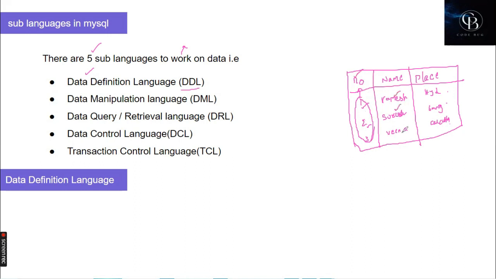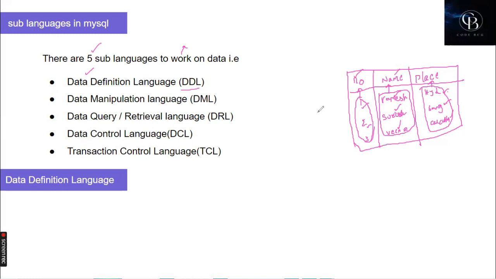Next, Ramesh, Suresh, and Veena: this data is related to name, so it is defining name. They are the names in this table. Next, Hyderabad, Bangalore, and Kolkata: these are the places in this table.